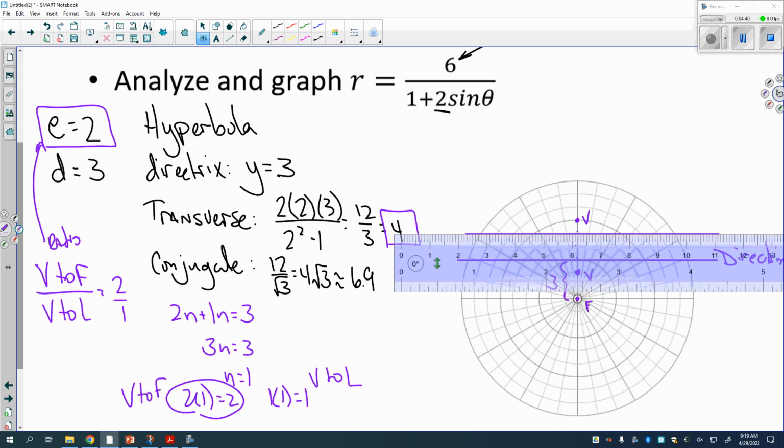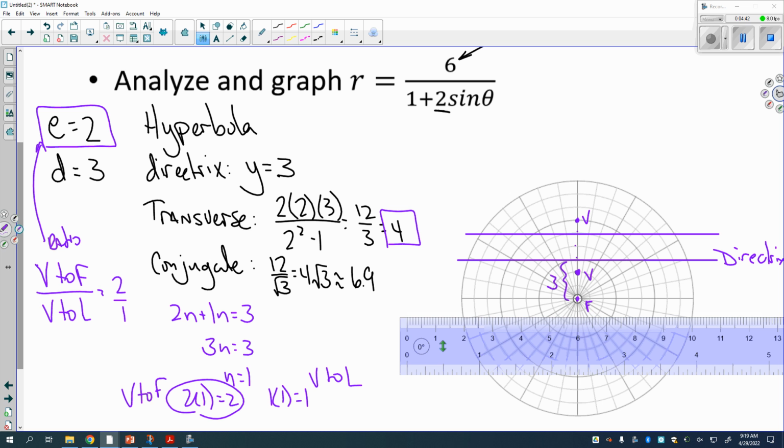That's my second directrix. My second focus is 2 away from the vertex. It's right there. The center is right here in the middle. That's the center.